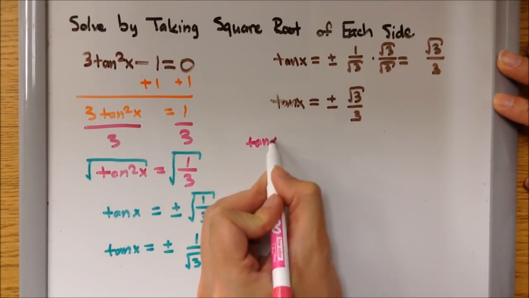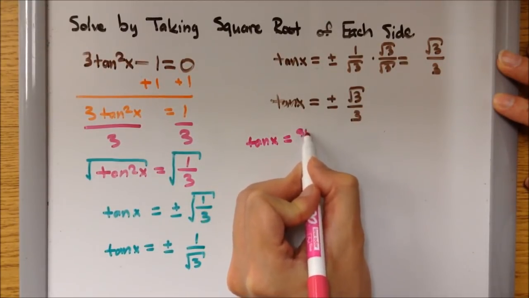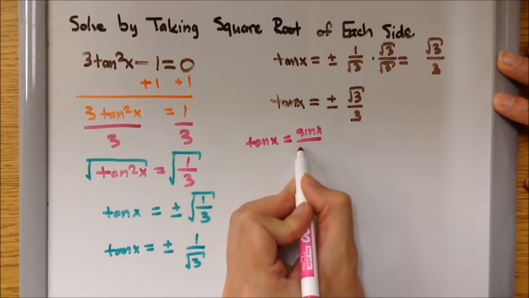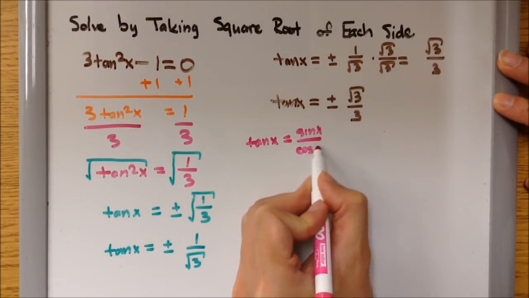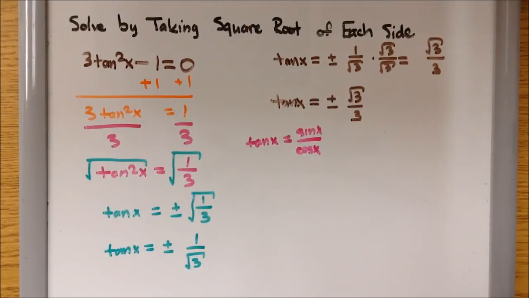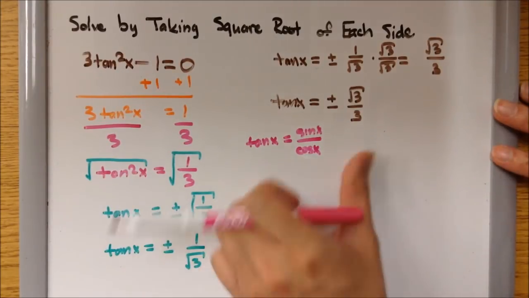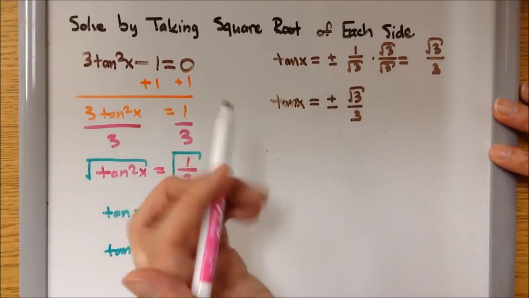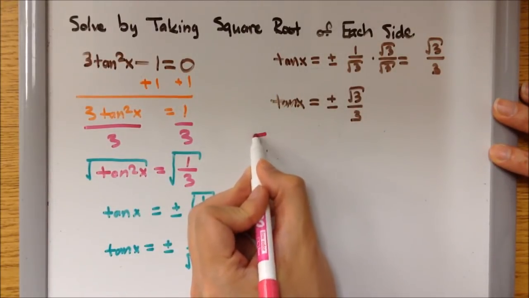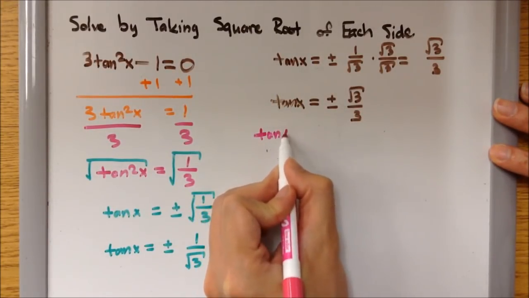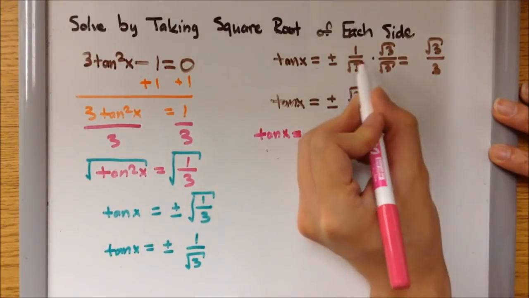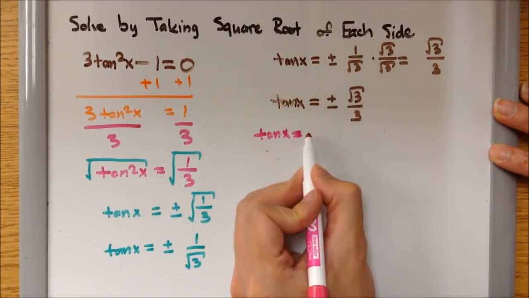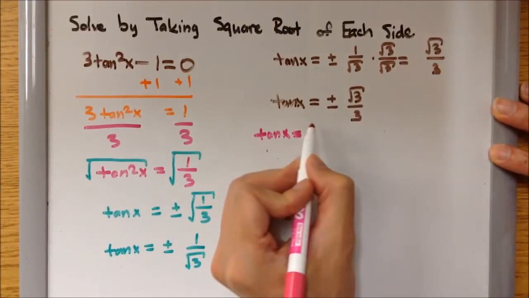So tangent of x equals sine of x over cosine of x. So in order to find where tangent of x equals square root of 3 over 3, or more simplistically, where it's 1 over square root of 3, that's where you have to look for it.